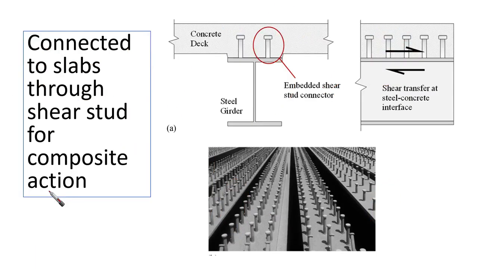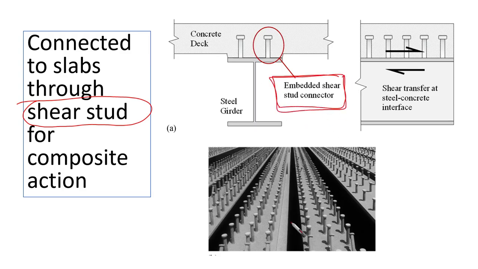Another thing, whenever we arrange the steel beams in a floor, they are connected to slabs through what we call shear studs. This is an embedded shear stud connector. You can commonly find it very large when we're talking about bridge decks.